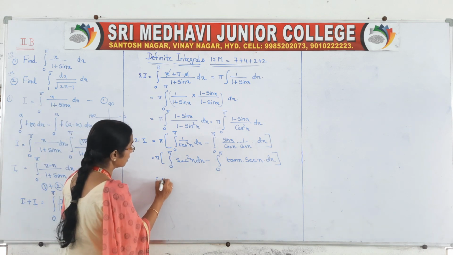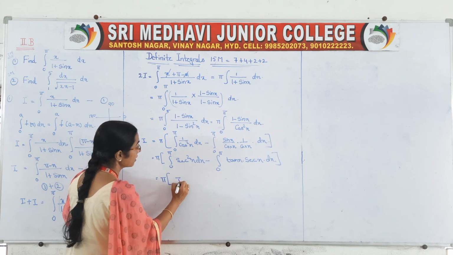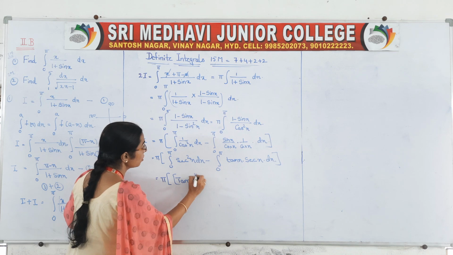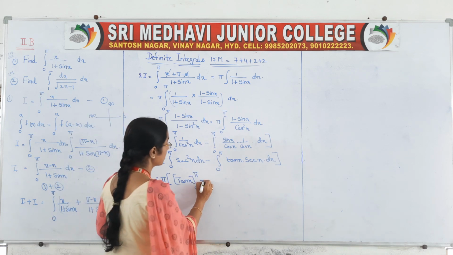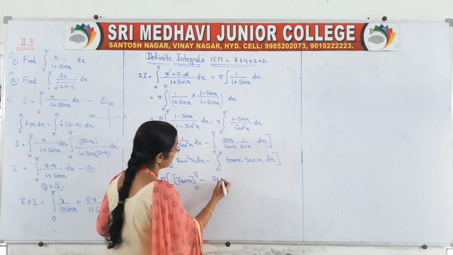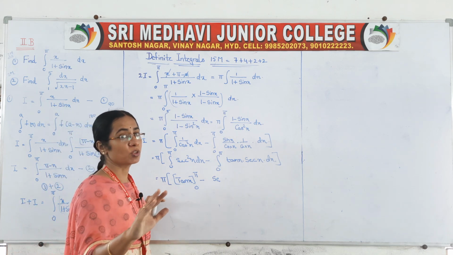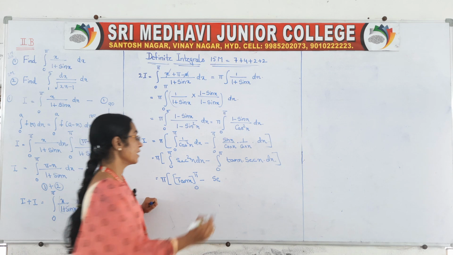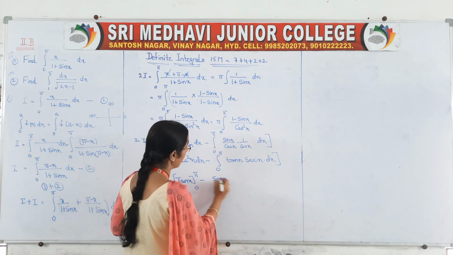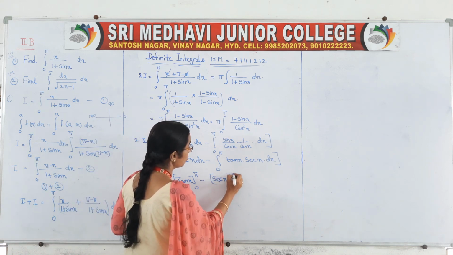So 2I is equal to pi into tan x from 0 to pi, minus the integral of tan x into secant x, or secant x into tan x, both are the same, which is secant x. It is a standard formula, right? 0 to pi.